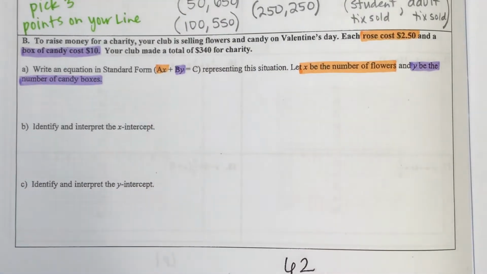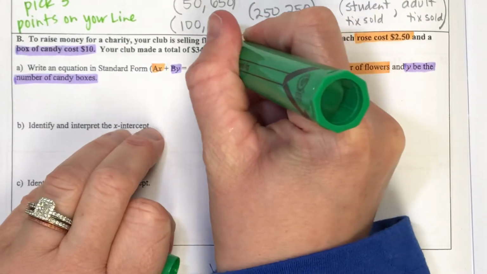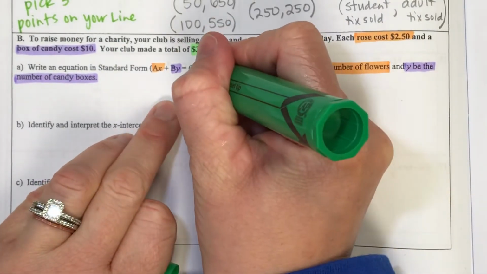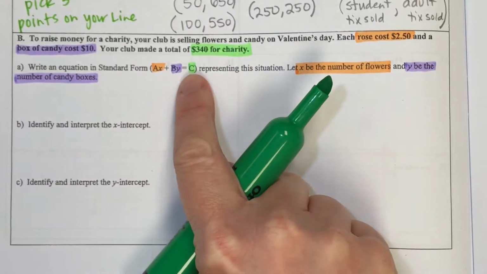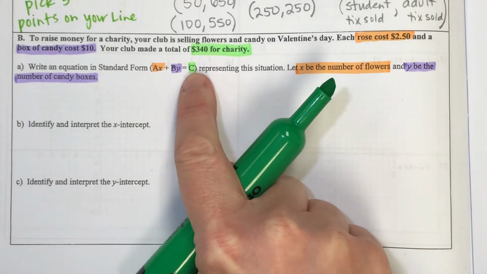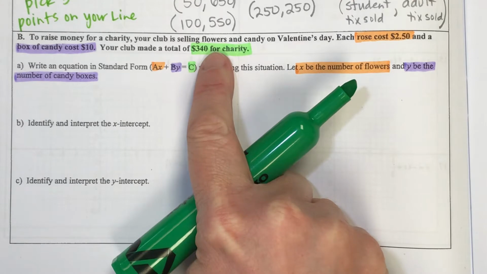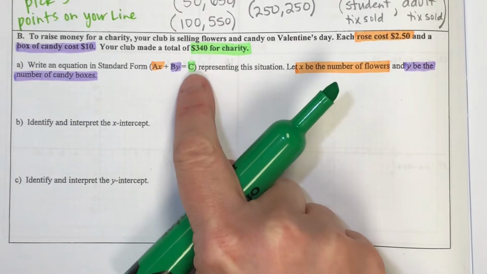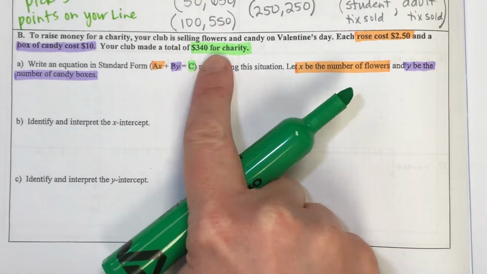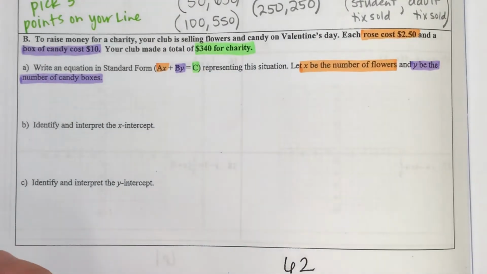And then the total for charity was $340. That's my constant term. It doesn't mean that c is cost in this equation, but a constant, not necessarily c meaning cost, but constant, meaning a number term.